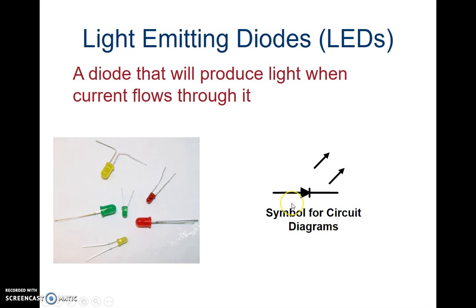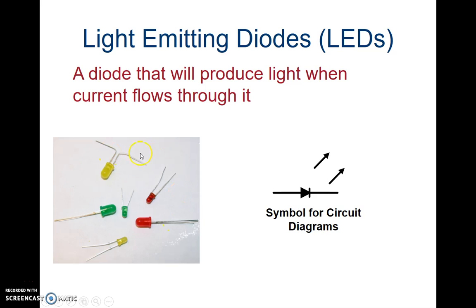Alright, last component we'll be learning about in this presentation is an LED, also known as a light emitting diode. The definition for this one, which we also need to take down, is a diode that will produce light when current flows through it. So it's a light producing diode. We've probably seen these.